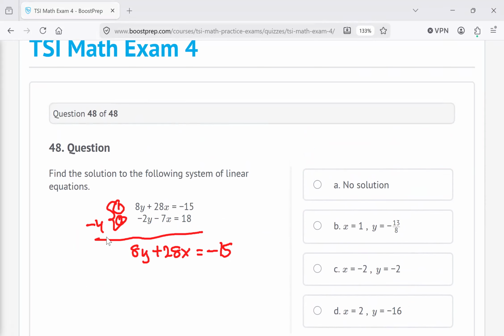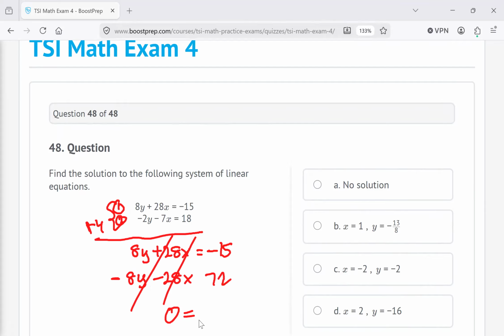The second one, distribute the -4, so it's 8y. Oops, I should use positive 8. 4 times -2 is -8. 4 times -7 is -28x. 4 times 18 is 72. So this cancels, the variables go away, and it goes to 22 minus 15, 57.